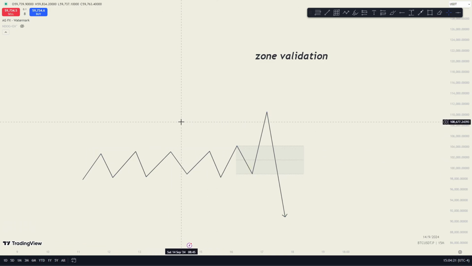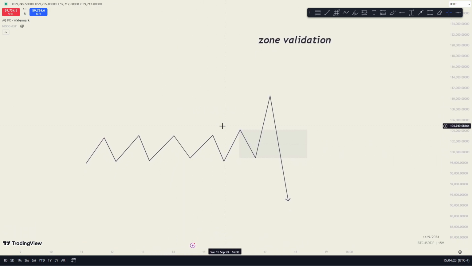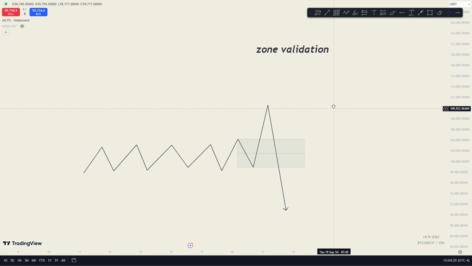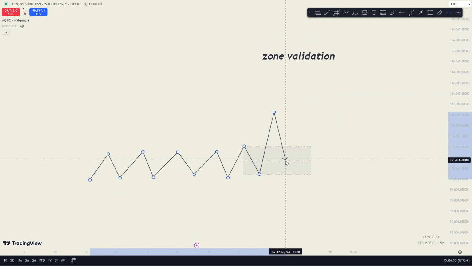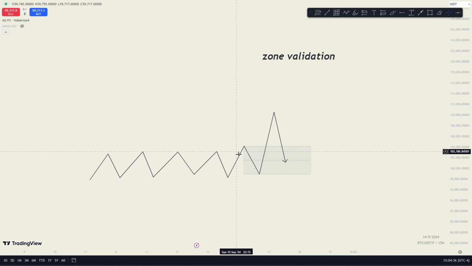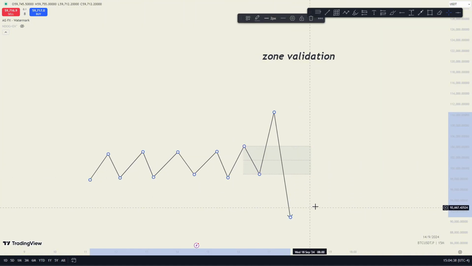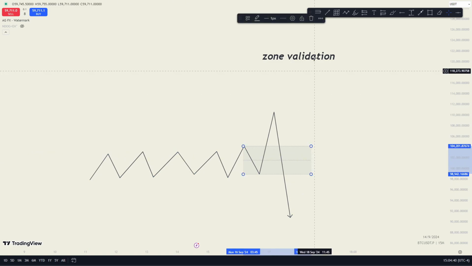So here we are looking at it from a bearish perspective. This will just end up as a power of 3 formation. What is power of 3? I'm going to teach in the next lessons. But for now, just don't take zones that are inside consolidation, because usually they get run.